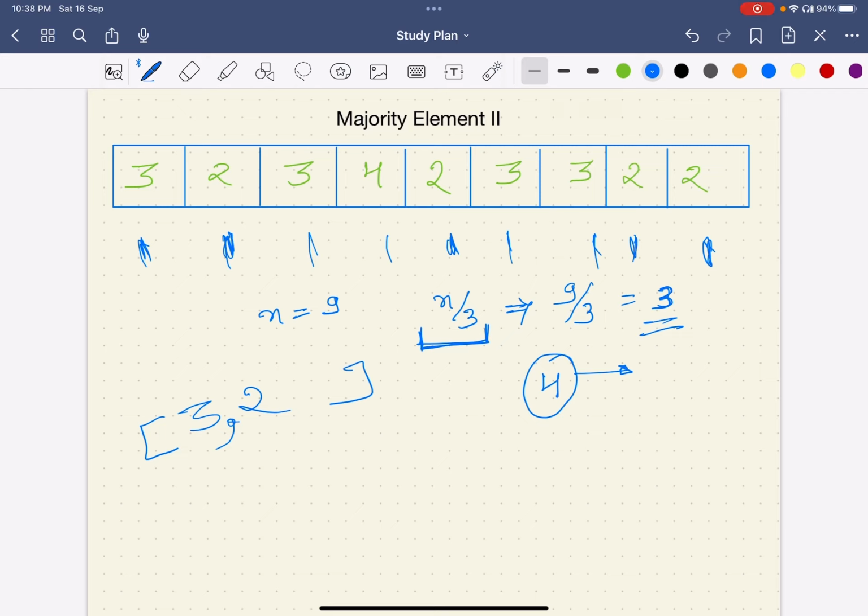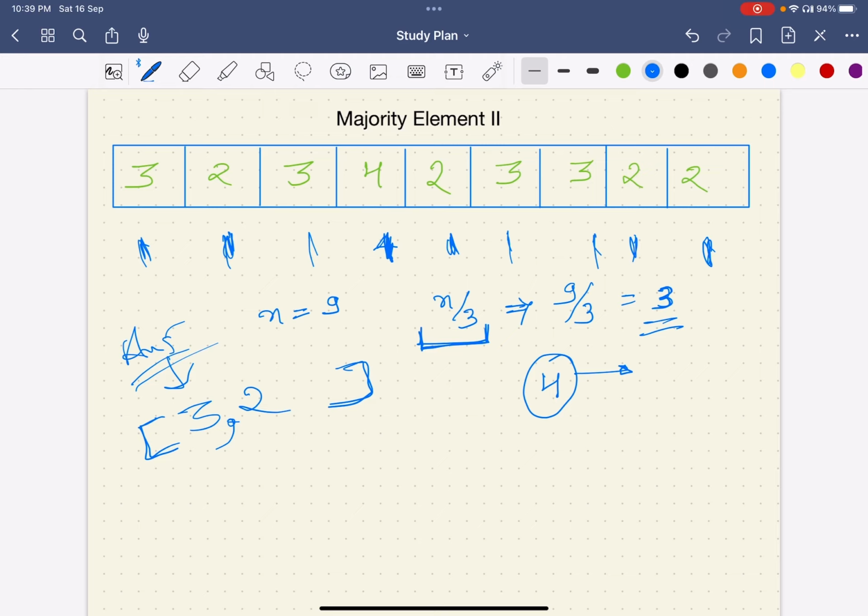And then we have 1 also, and 4 also, but 4 is present only 1 time, so we will not return it. So the answer for this will be 3, 2.